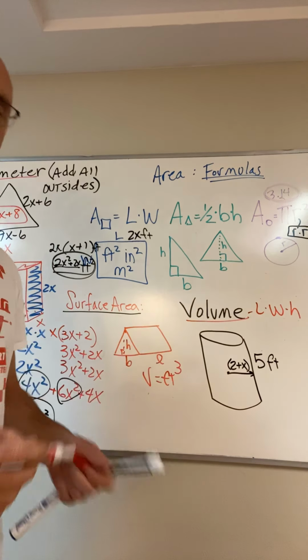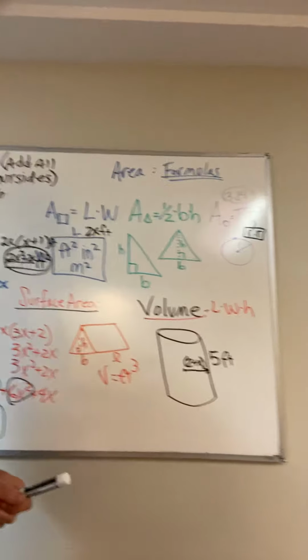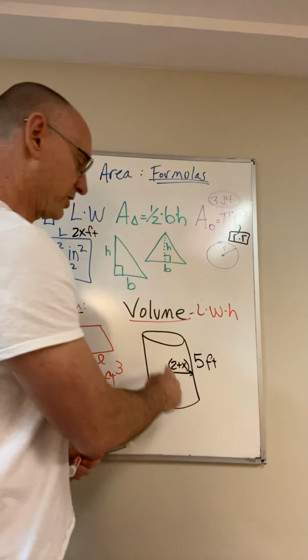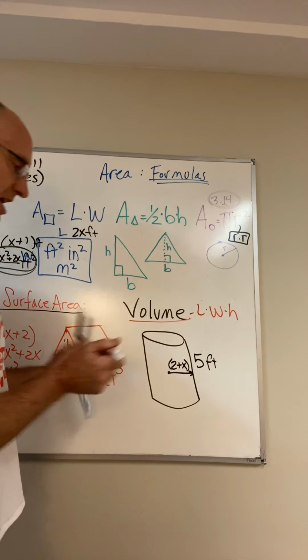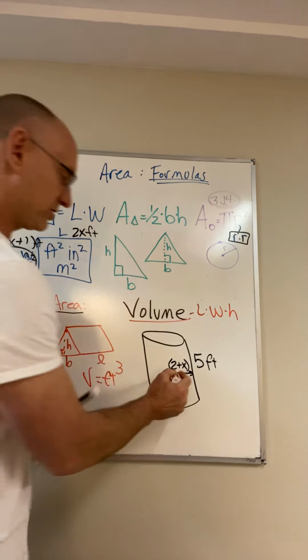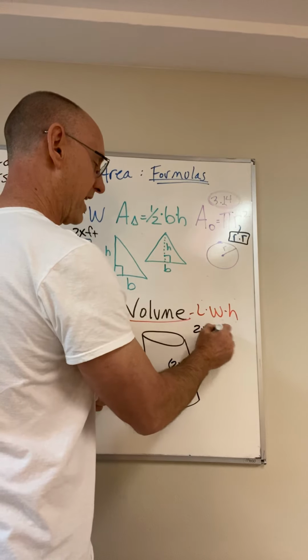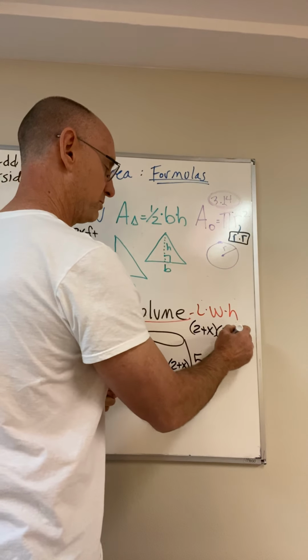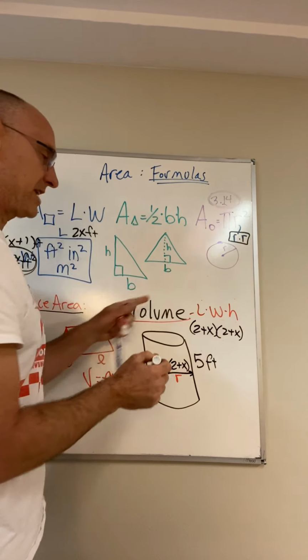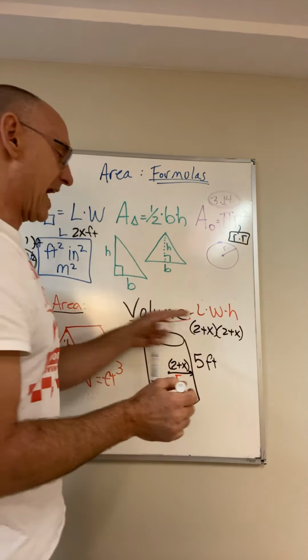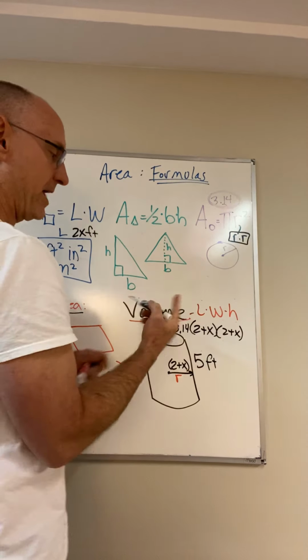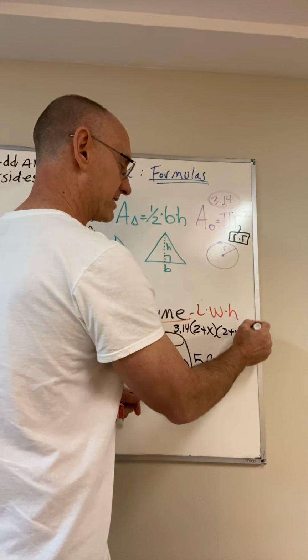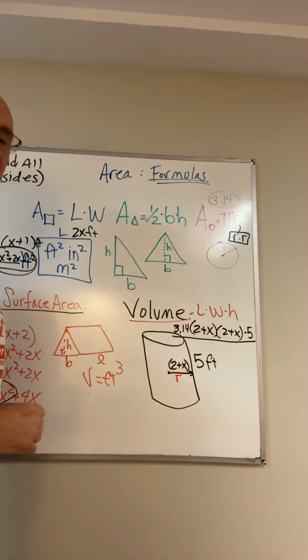The only one I thought you might need to see is the cylinder, because that one's a little tricky. The radius is 2 plus x, so that's got to be times itself: 2 plus x times 2 plus x. Then we take that times 3.14 because it's a circle, and we also have to take it times 5. So that's a big one.